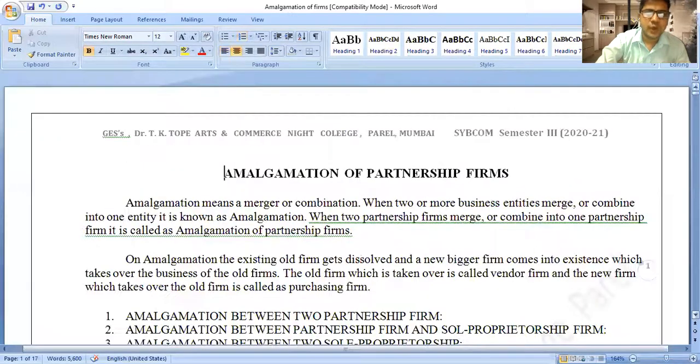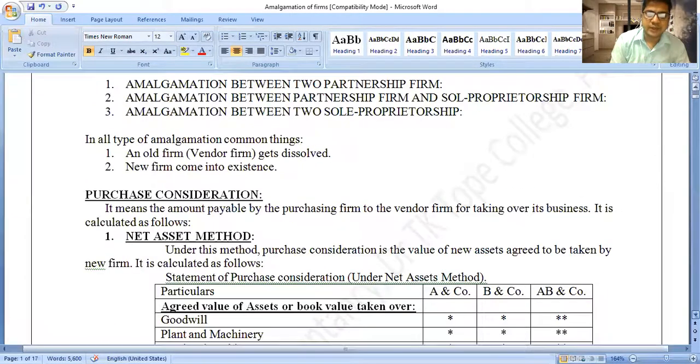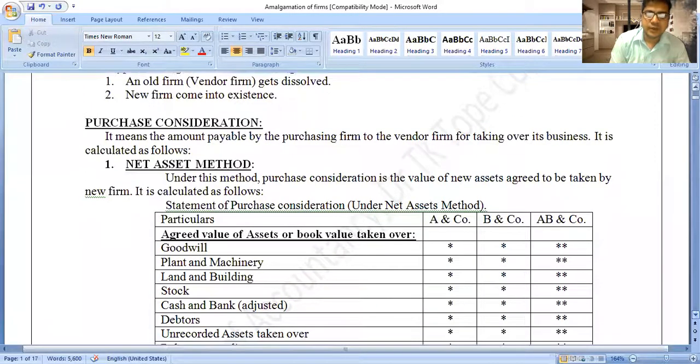Only discussing and without writing is not good for you. You have to use the YouTube video and write all the details regarding calculation of the purchase consideration.